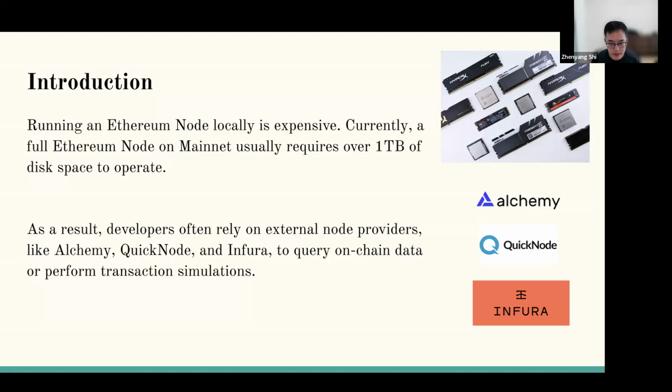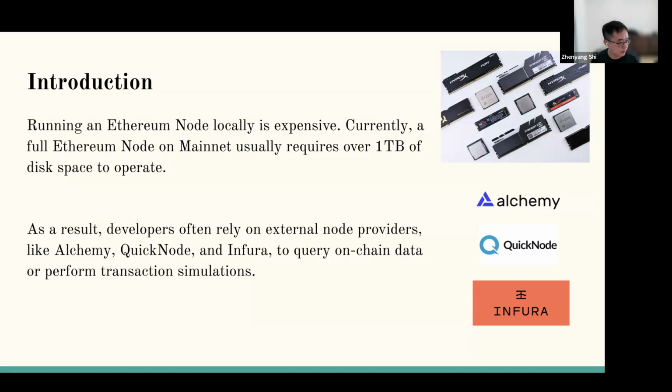Now, for regular users, this isn't going to be an issue, but for blockchain developers like myself, having a local node can be extremely useful, especially when running a large number of simulations, tests, tracings, and just for debugging purposes. In certain use cases where a large number of transaction simulations need to be executed sequentially, having a local node can make a very significant difference because of the network latency.